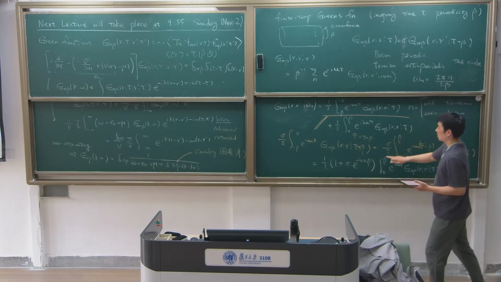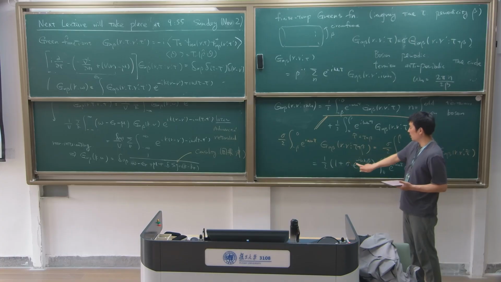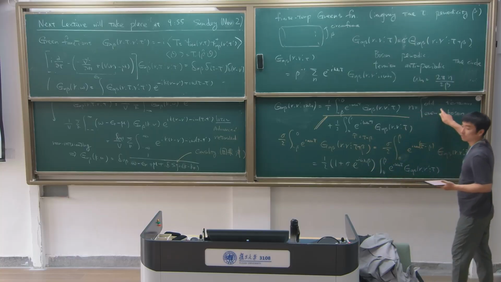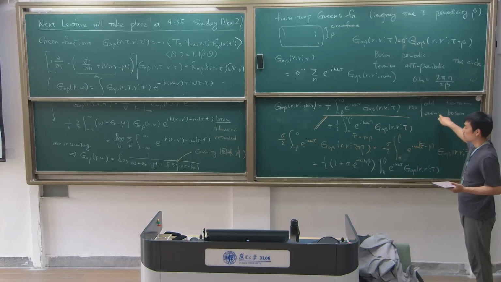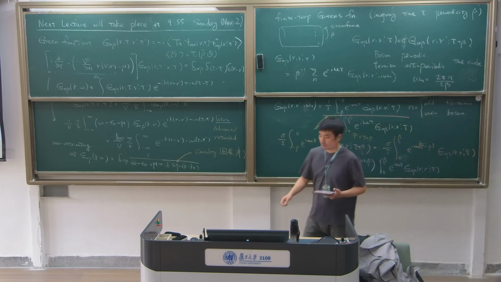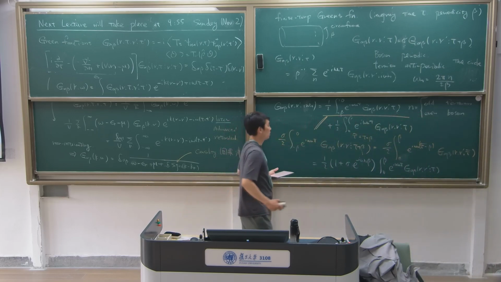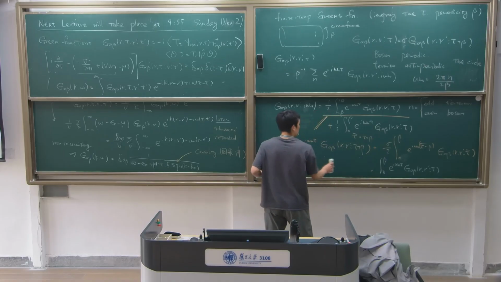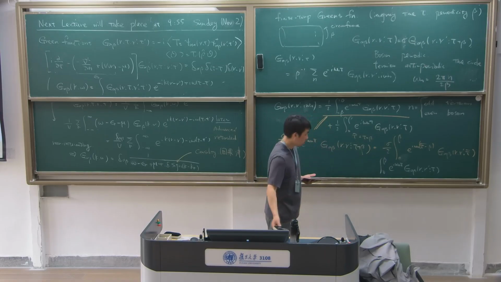In fact, for fermion this is minus 1, and this becomes also minus 1. For boson, this is plus 1, and this also becomes plus 1 because of this condition. Therefore, this total becomes 2. Therefore, you can erase in fact this part. And this is equal to this.